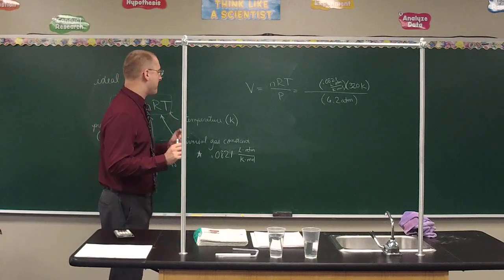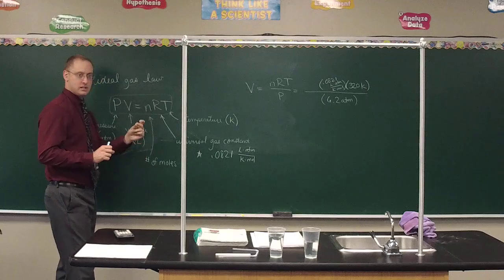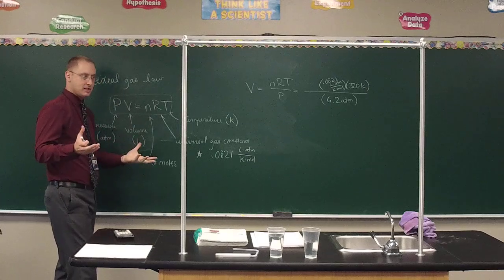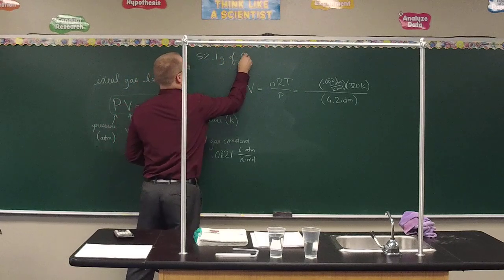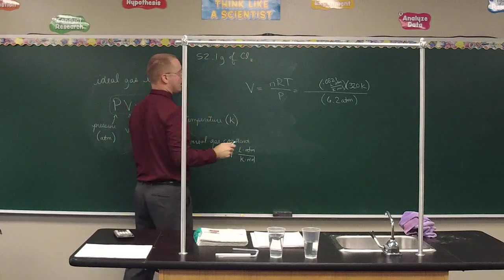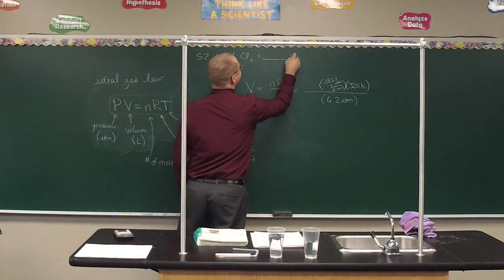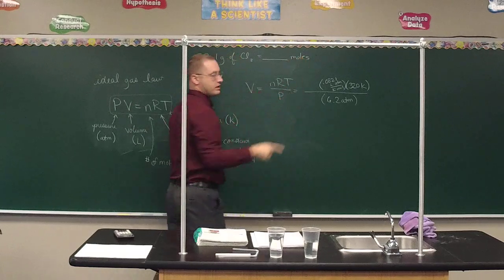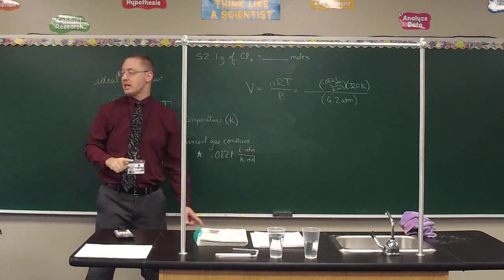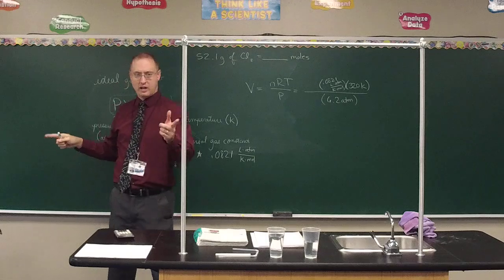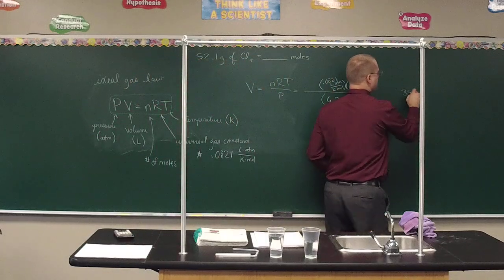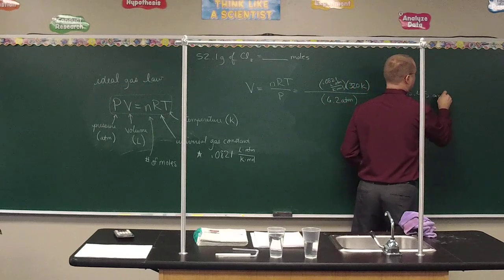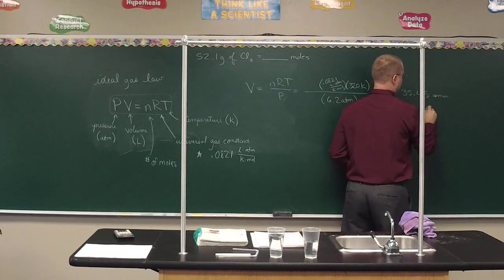They give us the mass of the gas, because that's how you could measure gas. They tell us we have 52.1 grams of Cl2 gas. But I don't need to know the grams, I need to know how many moles that is, correct? So looking at chlorine, did you find it already, Audrey? 35.45 AMUs is for an atom.